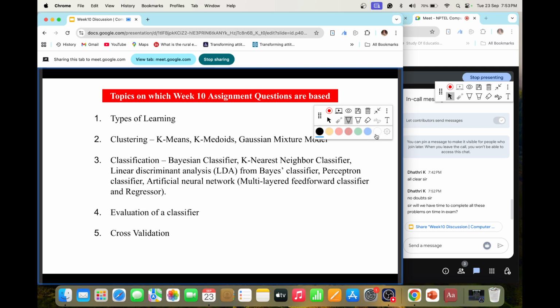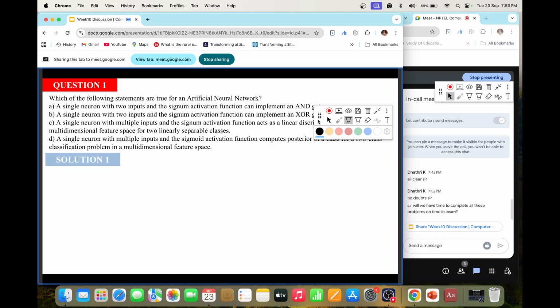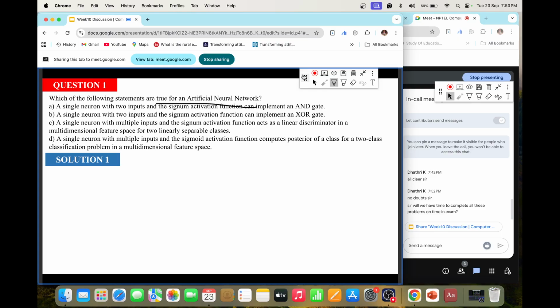So these are the topics on which the week 10 assignment questions are based. This is the first question: which of the following statements are true for the artificial neural network? A: a single neuron with two inputs and the signum function can implement an AND gate. B: a single neuron with two inputs and the signum function can implement the XOR gate. Signum function is nothing but the sign function.